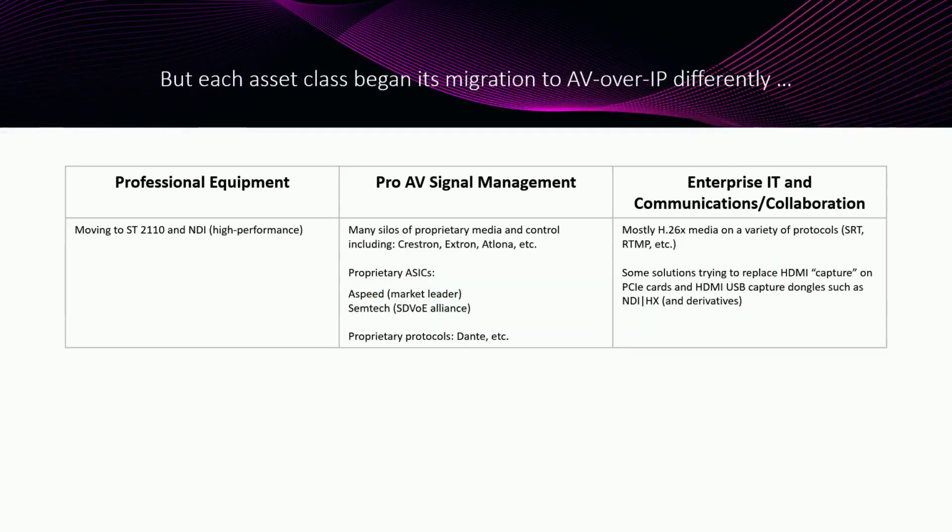The problem we have is that each of these asset classes is now migrating to an IP equivalent, migrating their capabilities from the current generation of SDI to either NDI or 2110 for the professional and studio equipment, or a variety of different AV over IP standards in the AV routing and signal management arena.